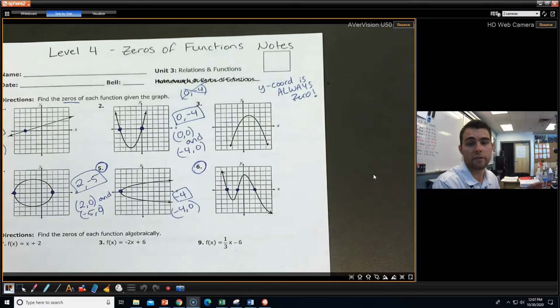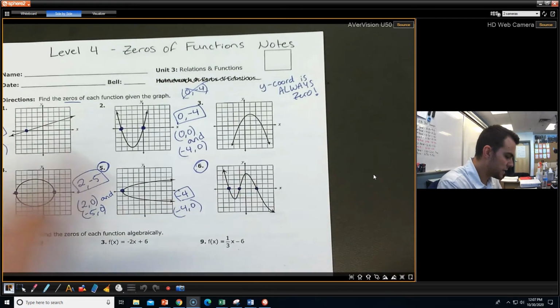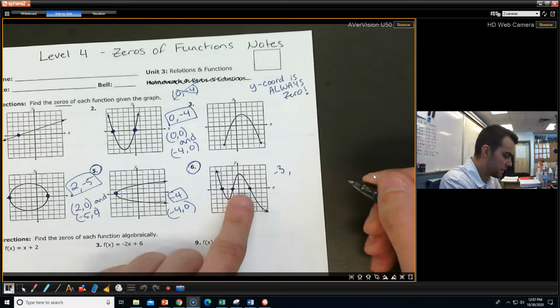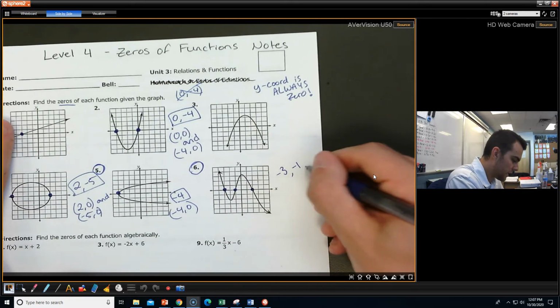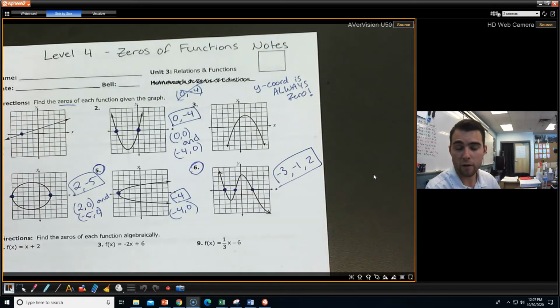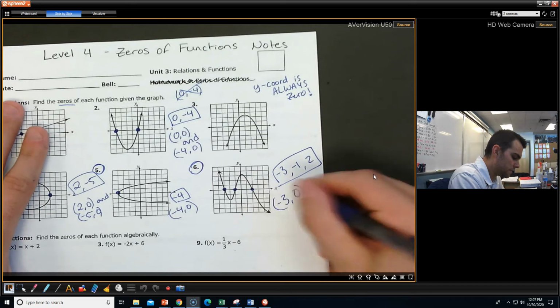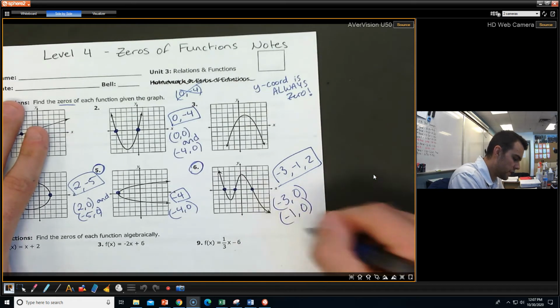So we're going to have 3 zeros, so 3 x-intercepts. All right, so we have -1, -2, -3. We have -1, and we have 2. There we go. And again, if I wanted the points, they'd be (-3, 0), (-1, 0), and (2, 0).